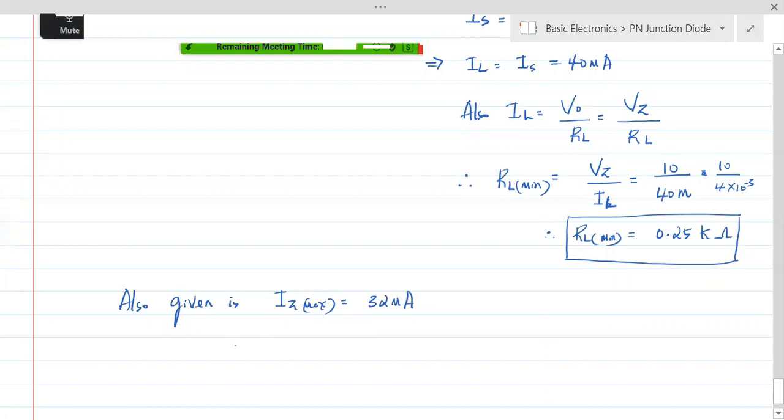So equation 1 implies IS is equal to IZ max plus IL.